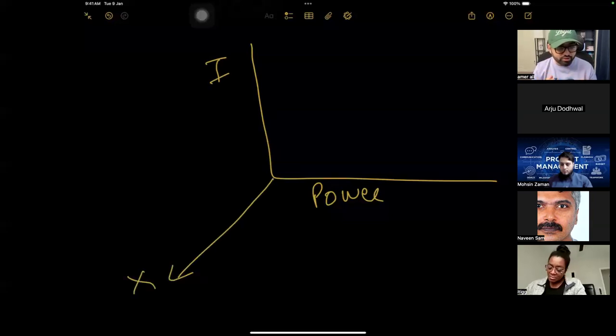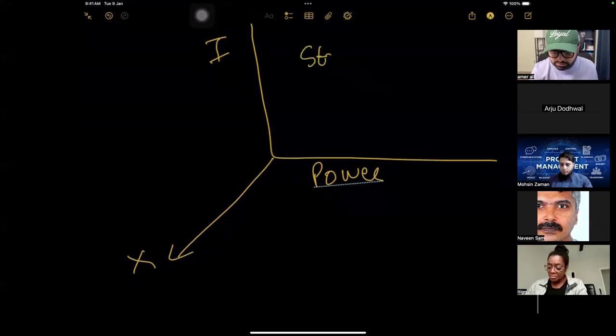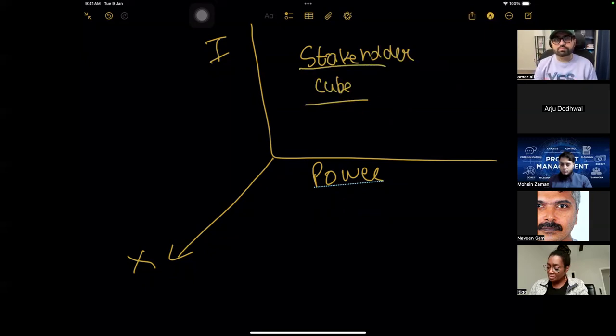It can be attitude, it can be buying power, it can be any reason. This is called the stakeholder cube. Cube, because it's 3D. We just need to know the name of that. We don't need to know more.